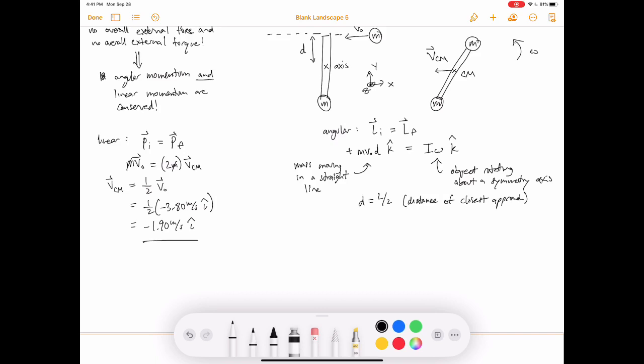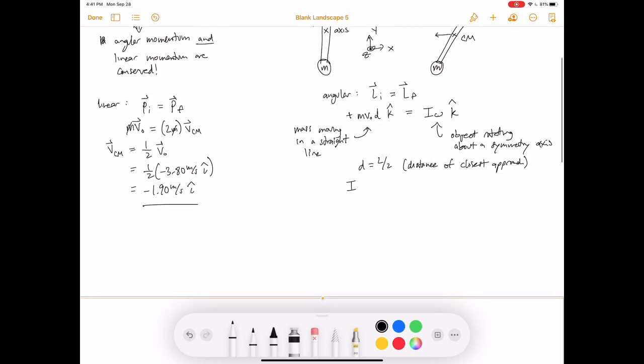Okay, also, what's the moment of inertia at the end of this process? Well, again, we basically have a point mass here and another point mass here rotating about this center point. And we know that for an individual point mass, m r squared gives us the moment of inertia, where r is the distance from the axis of rotation.